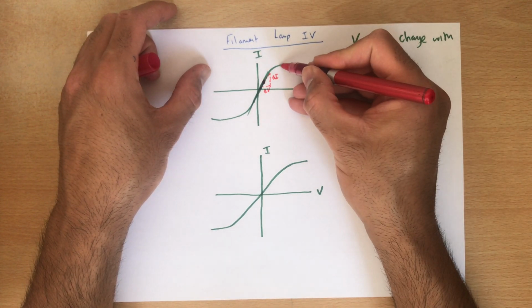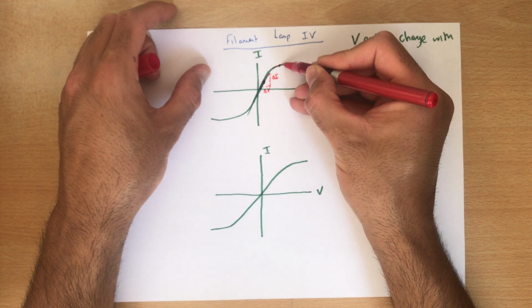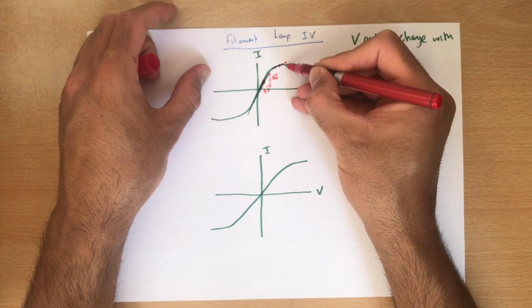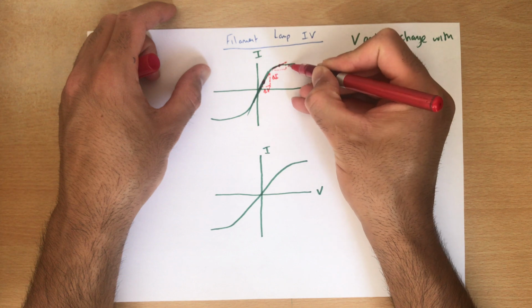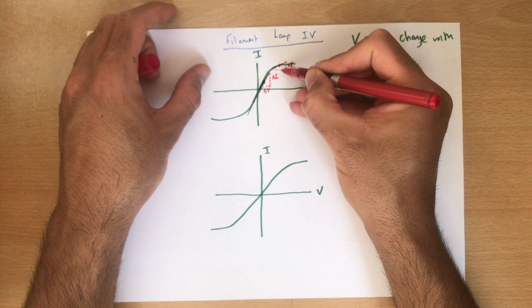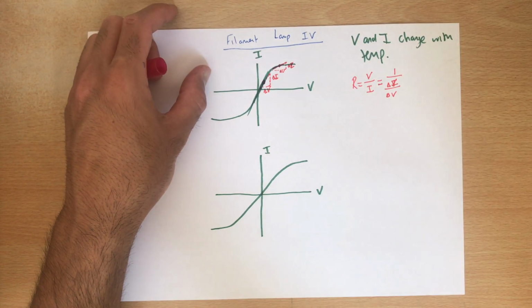You could do it for lots of different points, so I could do it over here as well. You draw a tangent, and then you can get the delta I over the delta V. So that's how you do that.